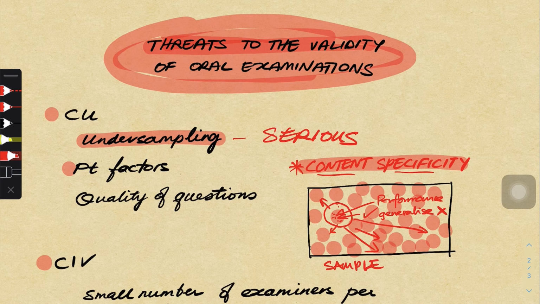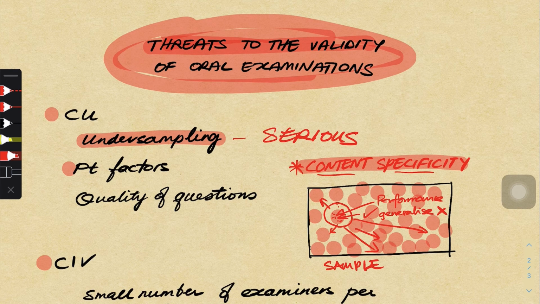As well as the issue of comparability. Can you compare the performance of student A who got patient A with the performance of student B who got patient B? So the element of comparability is not there, and therefore it makes the decisions that we make based on the oral examinations suspect.